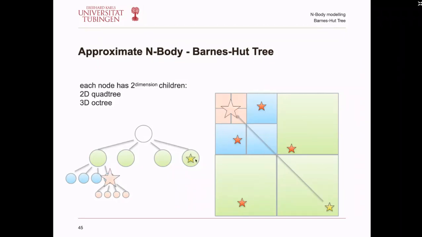Here, this is our particle, and we can now, with our hierarchical tree method, with this theta criterion, say instead of calculating the acceleration from these 2 individual stars on our yellow star, we just calculate the pseudo particle, so the total mass of this node and the center of mass of this node, and calculate then the force acting from this pseudo particle on our yellow star.